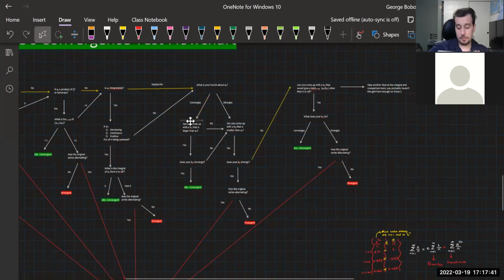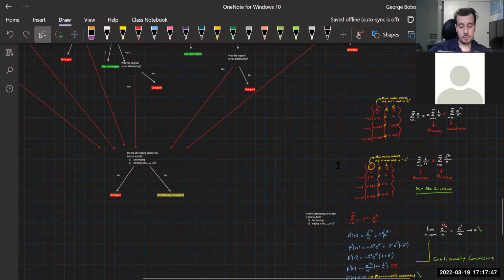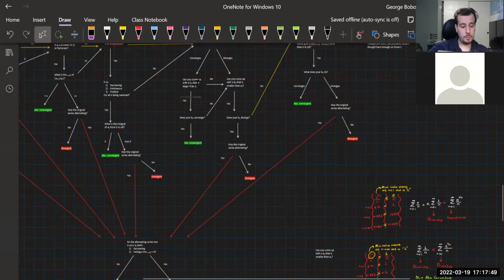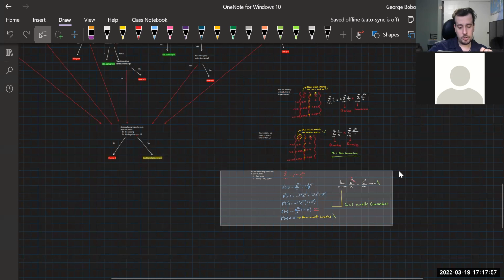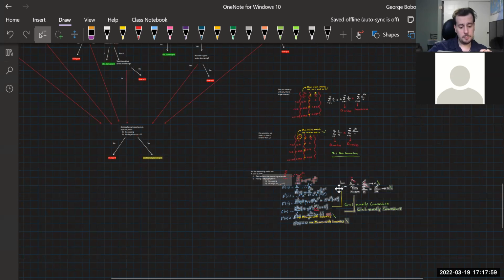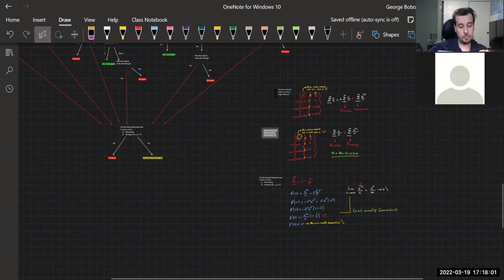You can try it. I'm not going to keep you longer if you have to go, Kelly. But that's again the flow chart, and the questions that we answered, I'll put them right beside here. And we got conditionally convergent for that one. Okay, questions on it? It's a little confusing for sure. It's not very straightforward, but the flow chart, I feel, makes things a lot easier.